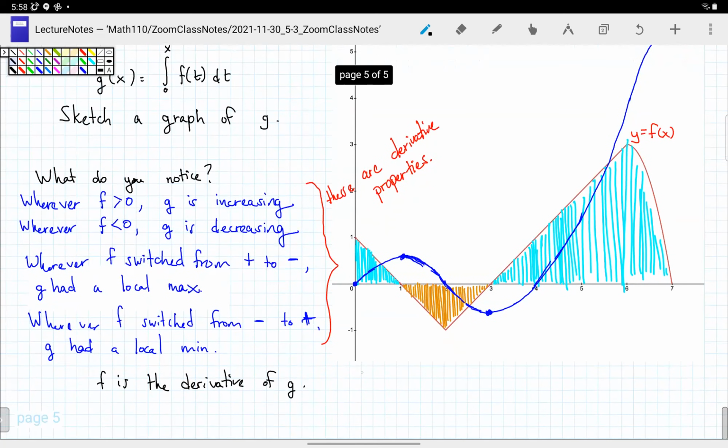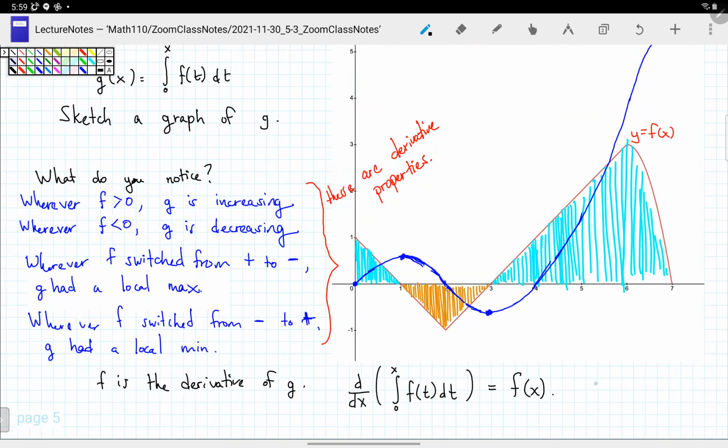So let me write this. The derivative with respect to x of this integral so far function is that original function that you started with.